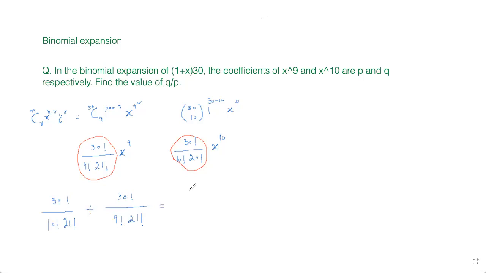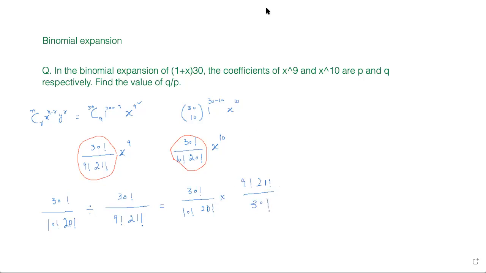Now we can write it this way: 30 factorial divided by 10 factorial, 20 factorial, times 9 factorial, 21 factorial, divided by 30 factorial.